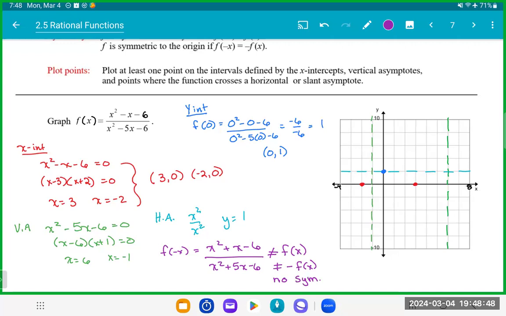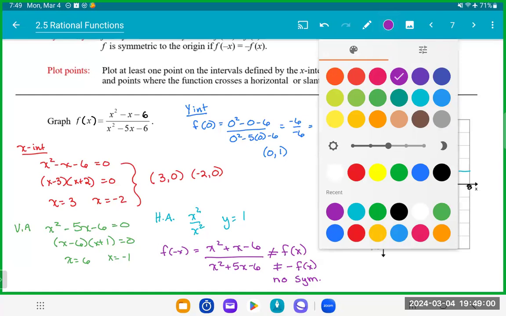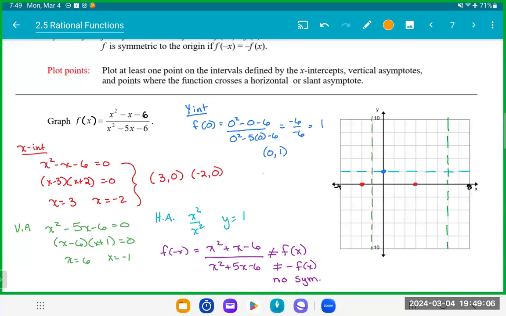So the only other thing is we don't really know what the shape looks like on this section over here. We could plot a few points. Let's go with this color. So if we make a table just to get a couple of extra points here, we can look at, here's -1, 2, here's -3.